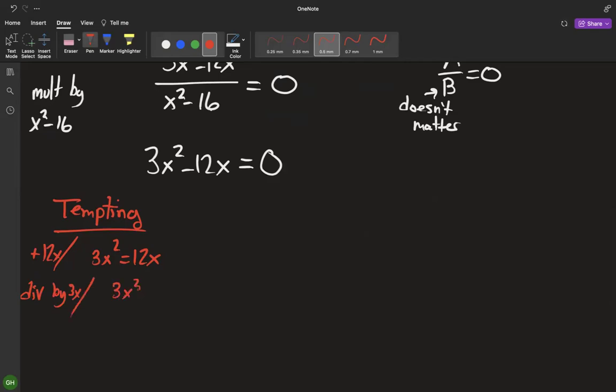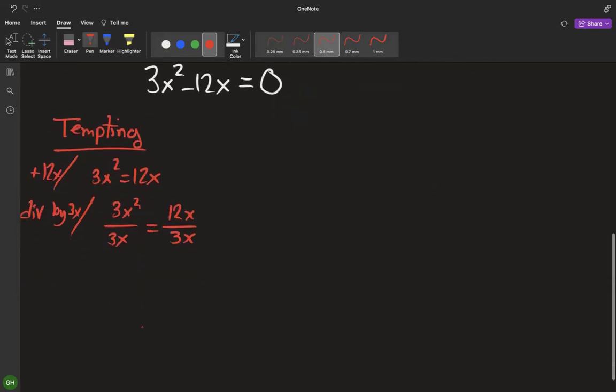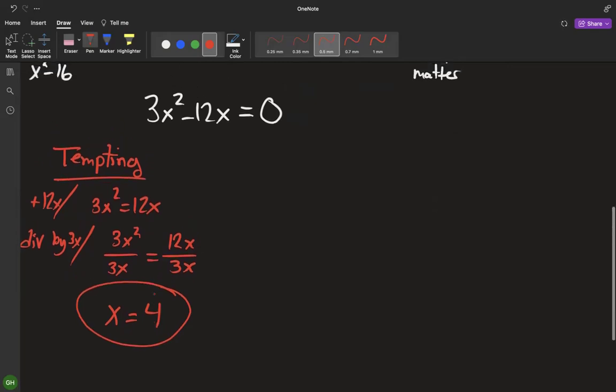So 3x squared over 3x equals 12x over 3x. And that gives me x equals 4. The problem is, one of the rules of algebra is I cannot divide by my variable. Can't divide by x. That's why this is wrong.